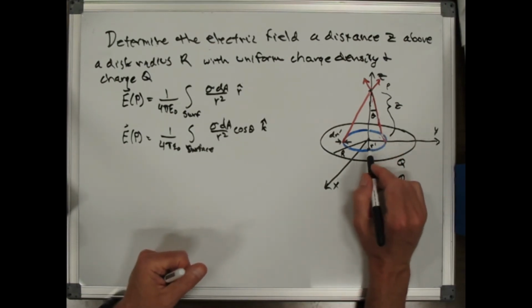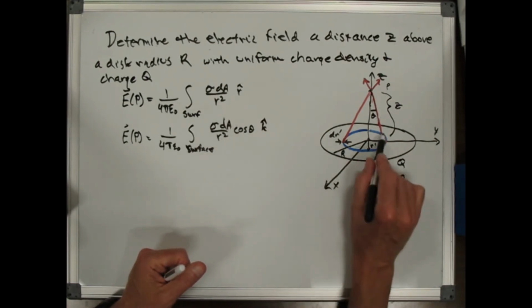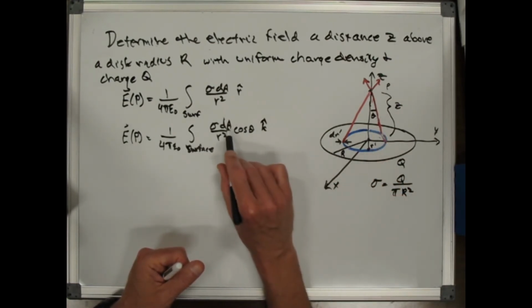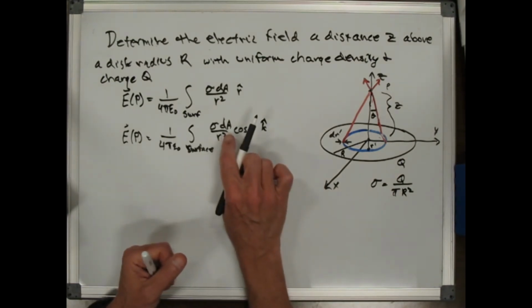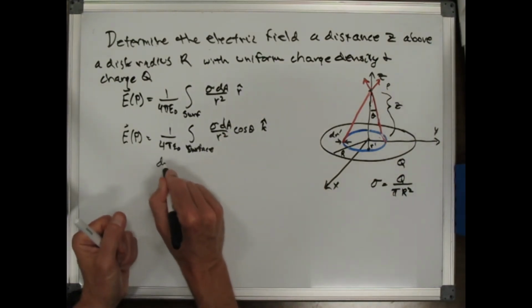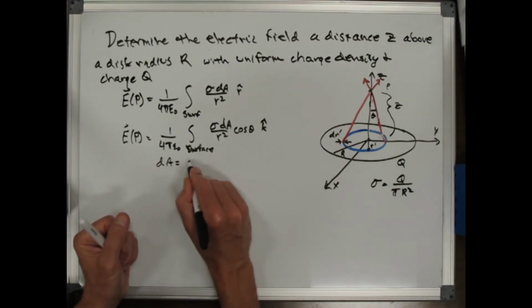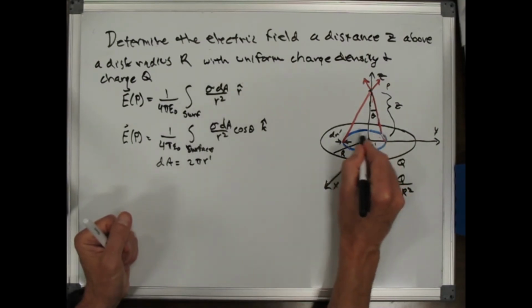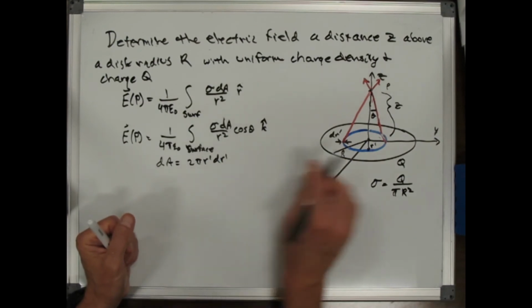So our solution is going to be to use these rings. And so we need to figure out what this dA is, right? In our integration on the surface, dA is going to be the area of one of those rings. And so dA is 2 pi r prime, that's the circumference of this circle, times dr prime, that's the thickness.